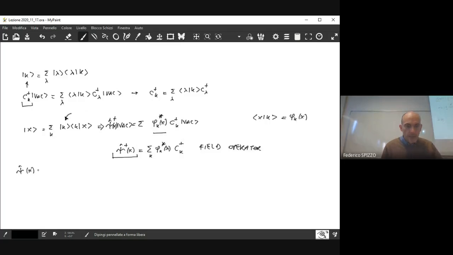So in this case, the distraction operator is the sum over all the levels of phi k of x without the conjugation, ck. So in this case, using exactly the same method, it's possible to build up also the field operator, that is the distraction operator corresponding to position X.